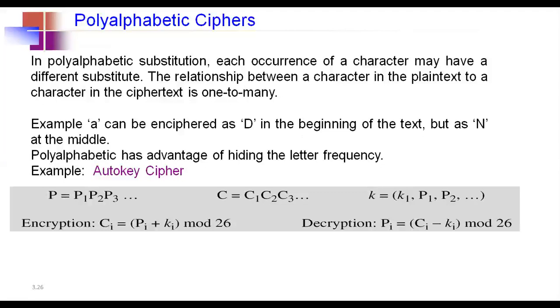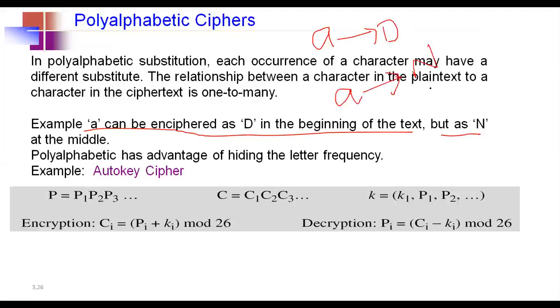For example, assume a character A can be enciphered as D in the beginning of the text, but it is enciphered as N in the middle. That means the character A is substituted with D at the beginning, and the same character is substituted with N in the middle.